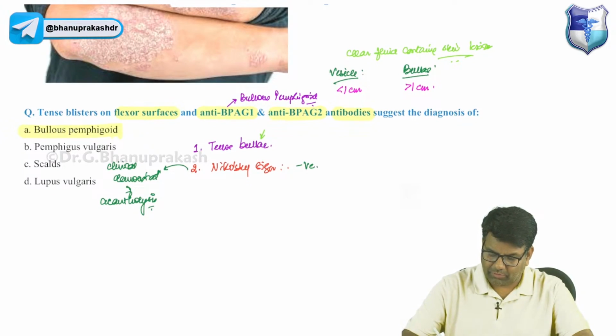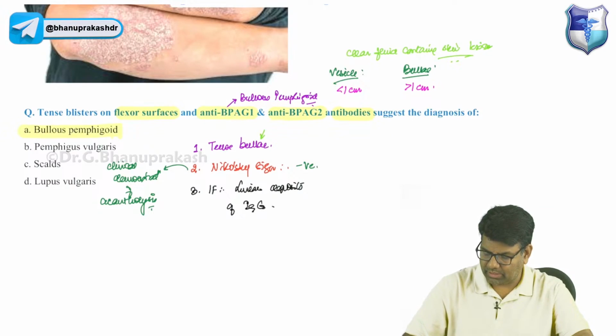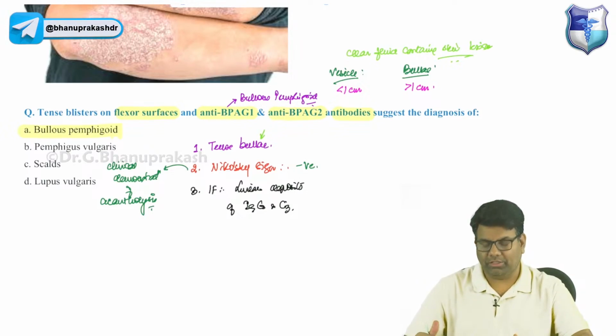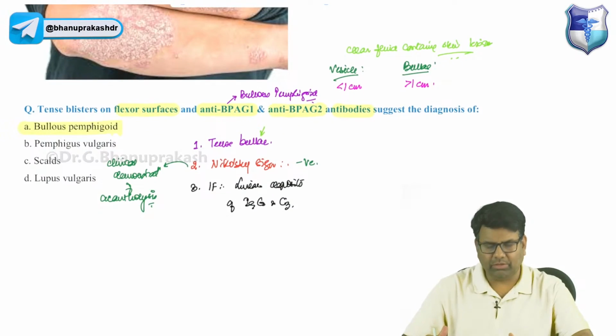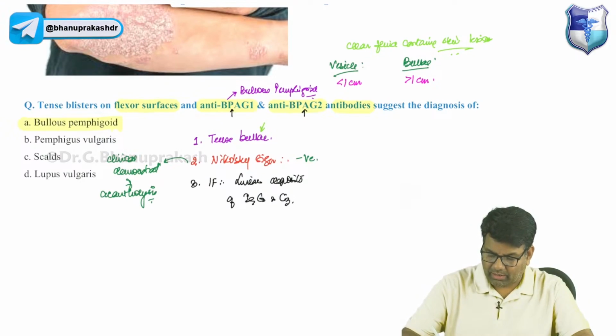Now, the third thing is, what do we see on immunofluorescence? Any idea? You will see linear deposits of IgG and C3, right? So these are three facts which you should know for bullous pemphigoid, and of course there are antibodies against BPAG1 and BPAG2.